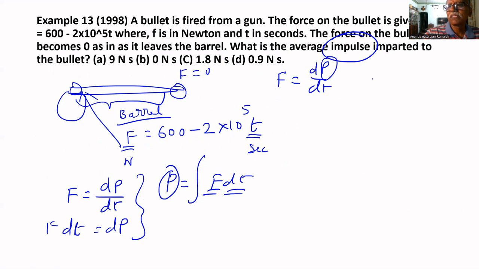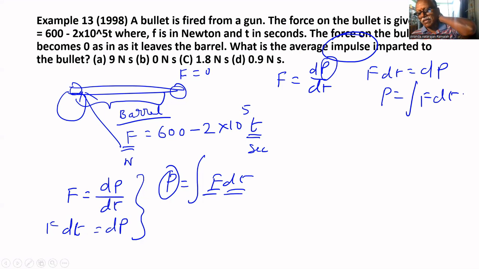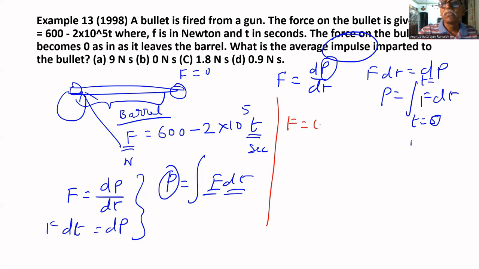Multiply both sides by dt and you get F dt equal to dP, or P equal to the integral of F dt. But for the integral we need limits. The initial time is t equal to 0 seconds. What is the final time, when it leaves the barrel? The equation for force is given: F equal to 600 minus 2 into 10 power 5 t.